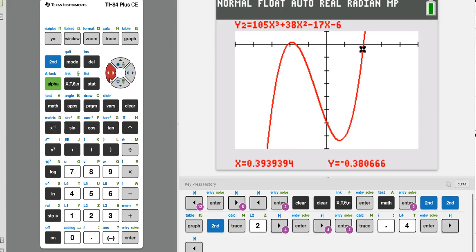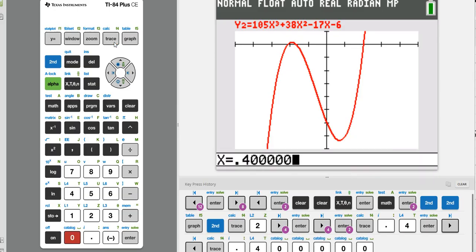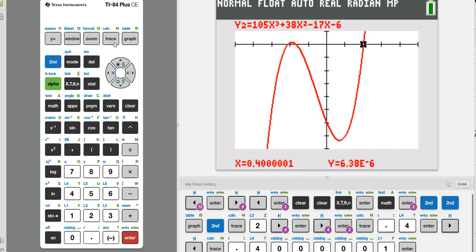And at that point, you've got to decide, is it just the calculator making a rounding error, or is this actually just not a root? It could be either one. So for instance, if I hit the trace key and I type in 0.40001, you're getting something which is really, really close to 0.